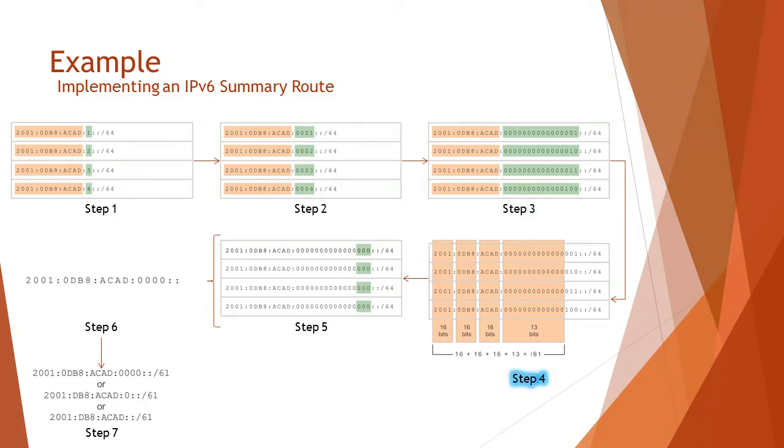Next, we count the number of matching bits from left to right in order to identify the prefix length of the summary route, which in this case results in a /61 prefix length. Next, we copy the matching bits and add 0 bits to the remaining part of the address in order to determine the summarized network address. Next, we pass the binary section back to hexadecimal to finally append the summary route prefix length obtained in step 4.